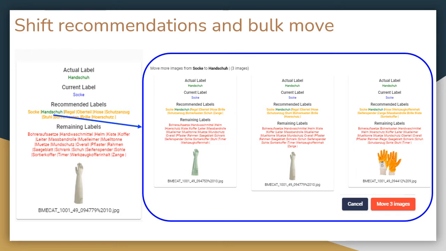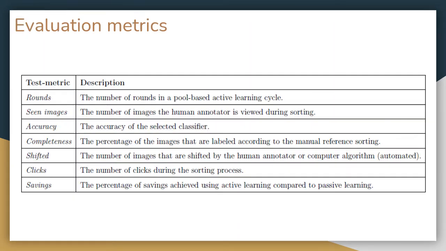After quickly scanning the list, the user can move a large number of images with just a single click, sometimes several hundreds at once. This bulk move is the decisive novelty of our system compared to traditional approaches and will be discussed in the following. Before presenting the results, we shortly present our evaluation metrics.